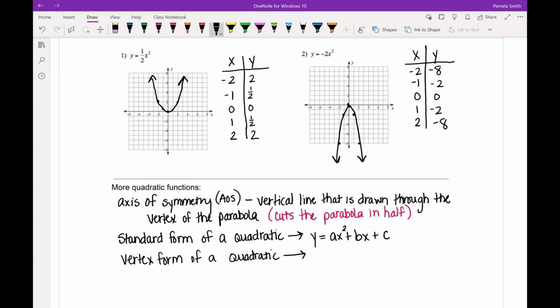And in this form, this is where we had a and k yesterday, and we're going to add another variable. This is y equals a times the quantity x minus h squared plus k.